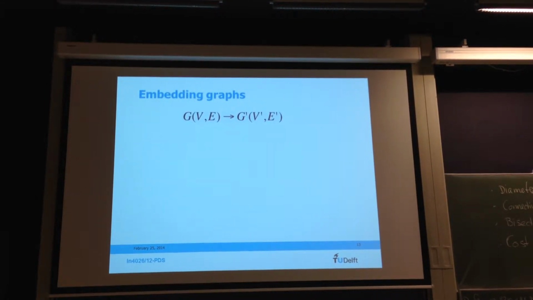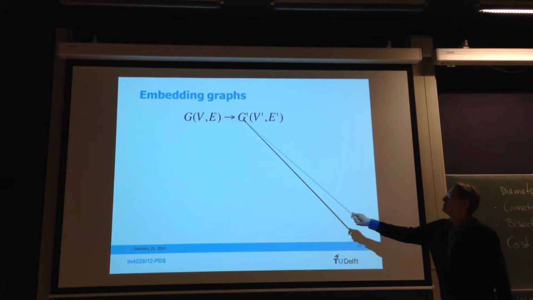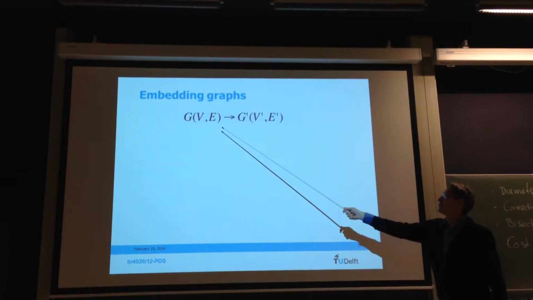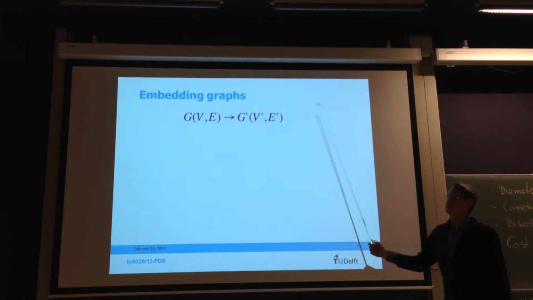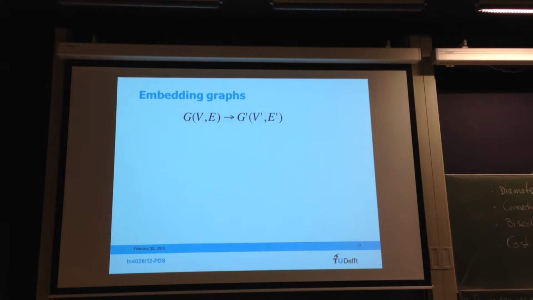So I have a source graph, and I have a destination graph, G prime, and I have to map the source nodes and edges to the nodes and edges of the destination graph. That's the thing I did with the previous example.